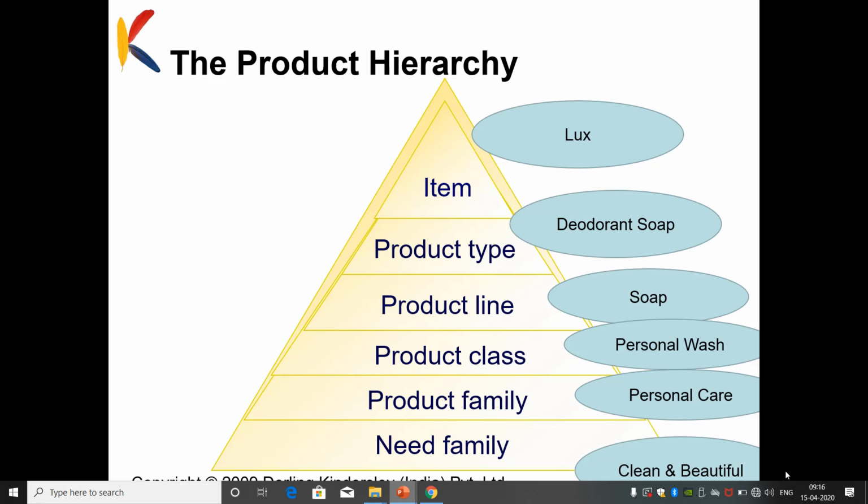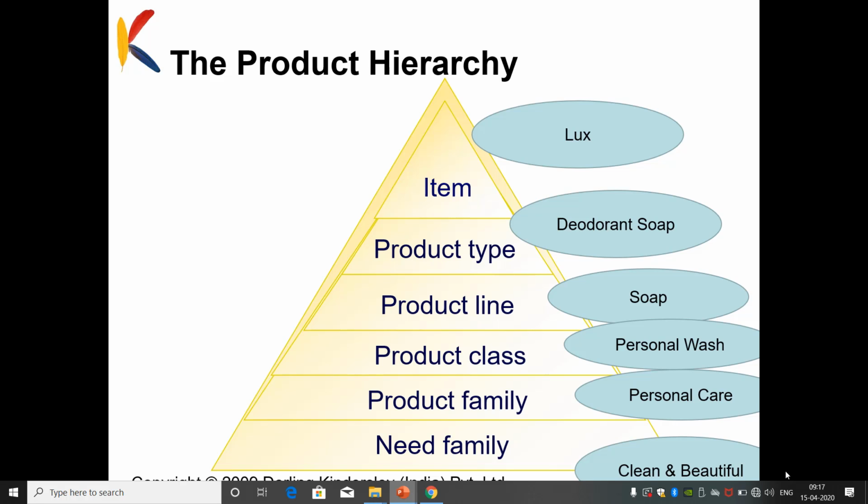Personal care includes not only bathing soaps or face wash, it also includes products related to care for the hair, which are called hair care products, or it may also include some of the products which we use for oral care, right? So there can be different classes which may fall into personal care. So that is called a product family.